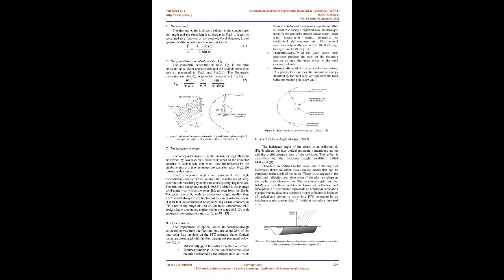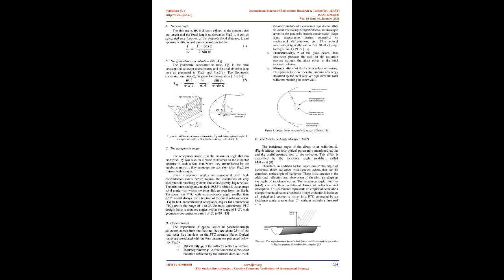Therefore, any PTC with an acceptance angle smaller than 0.53 degrees would always lose a fraction of the direct solar radiation. In fact, recommended acceptance angles for commercial PTCs are in the range of 1 to 2 degrees. So most commercial PTC designs have acceptance angles within the range of 1–2 degrees, with geometric concentration ratios of 20 to 30.